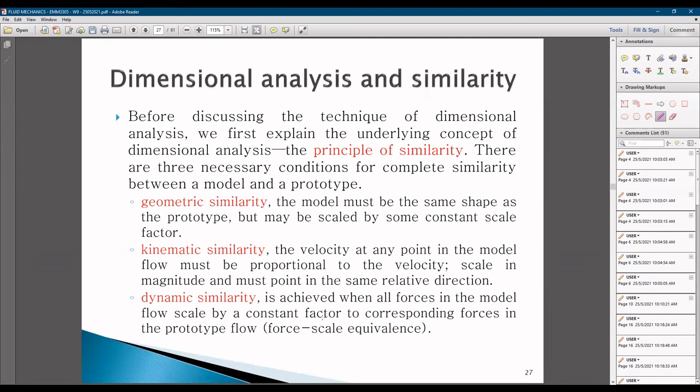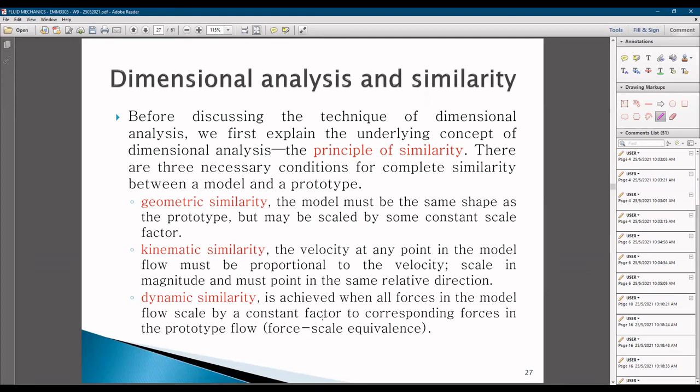The same manner means at some point it must have a certain proportion in magnitude, and must have the same relative direction. If it is rotating to the left, then you must make sure that the model is also rotating to the left, if it has certain kinematics.